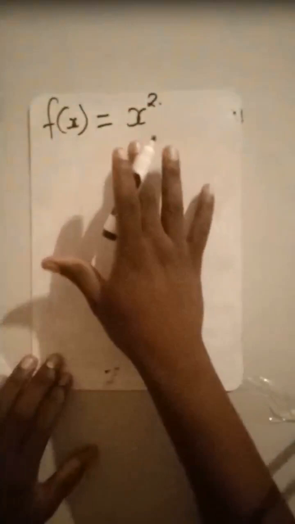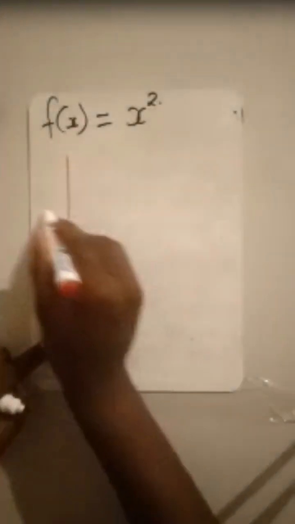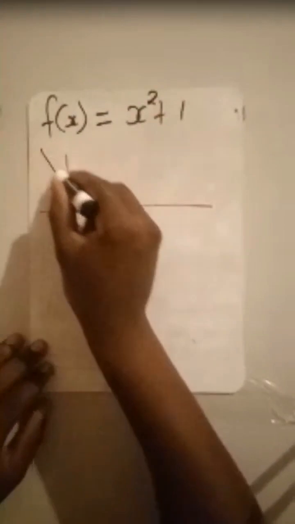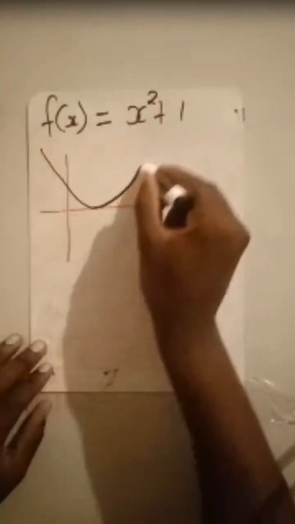That gives us a parabola. I'm going to draw a simple Cartesian plane, then draw the curve on it, so that our curve is like that.